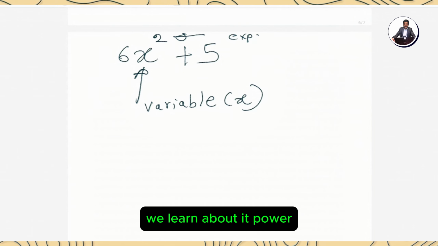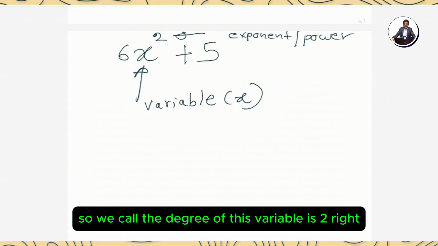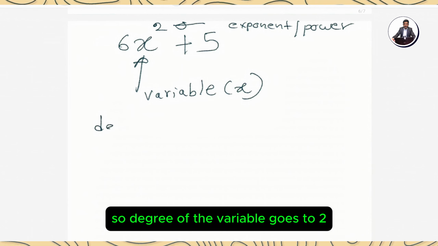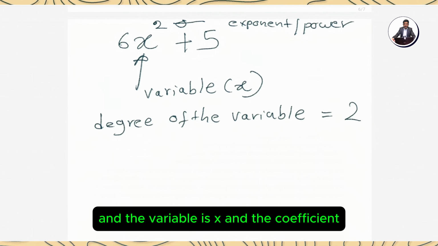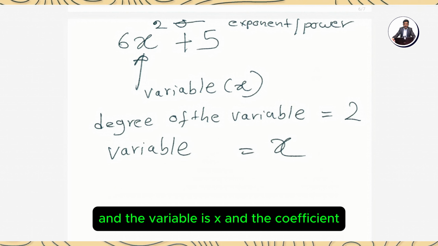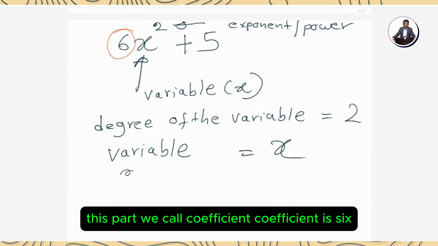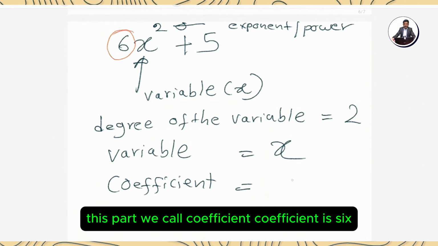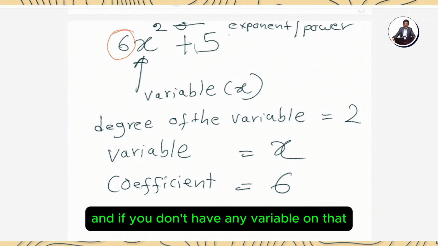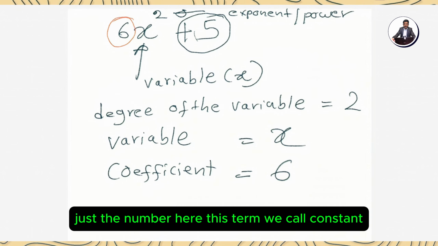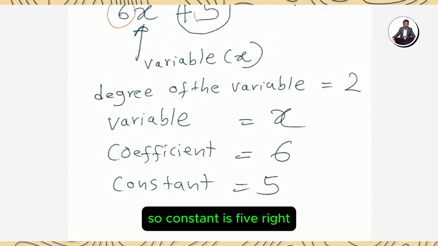So the degree of the variable is 2, and the variable is x. And the coefficient, this part, we call coefficient. The coefficient is 6. And if we don't have any variable, just the number here, this term we call constant. So the constant is 5, right?